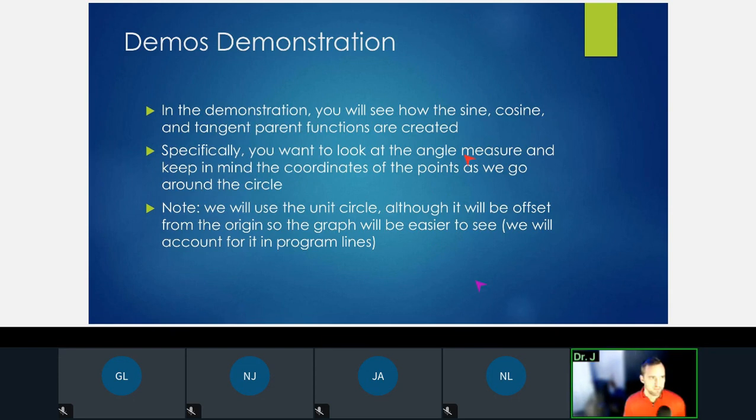Feel free to have your Desmos open on another screen because you may want to follow along with me, since there are certain things we're going to do that will be different.